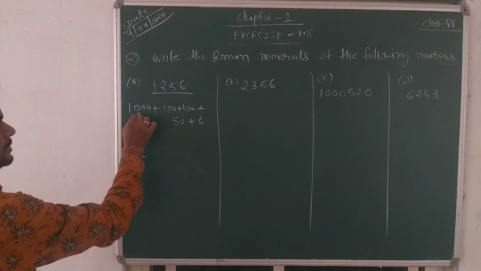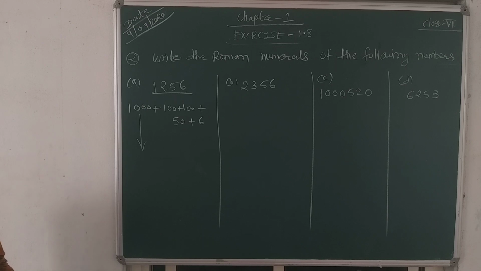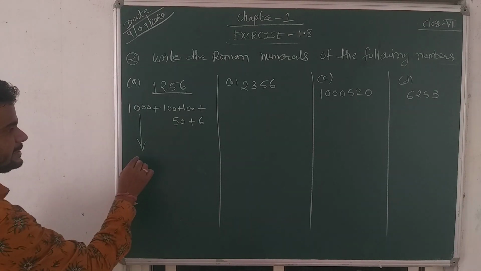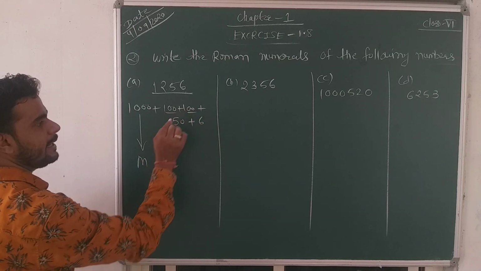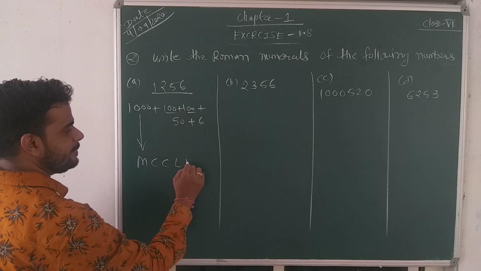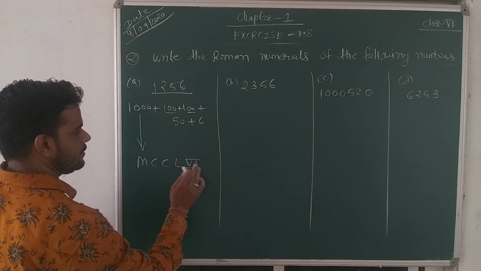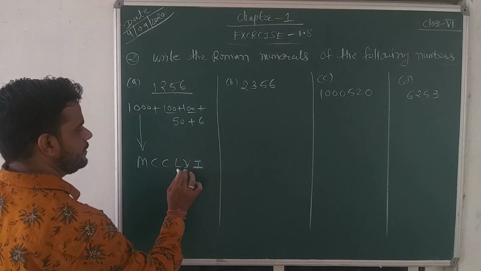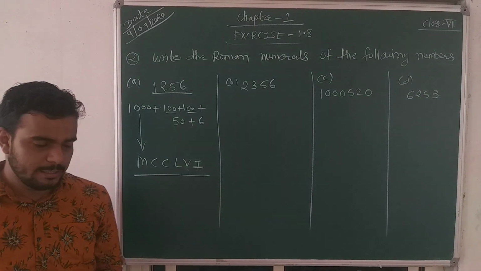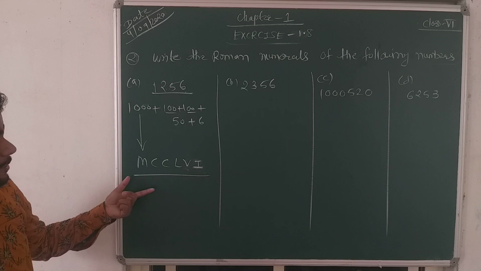What is the meaning of 1000? Anyone can say? 1000 means M. 100 and 100 means 2C. 50 means L and 6 means VI. So this is your answer. This is the way to change an Indian number into a Roman number.